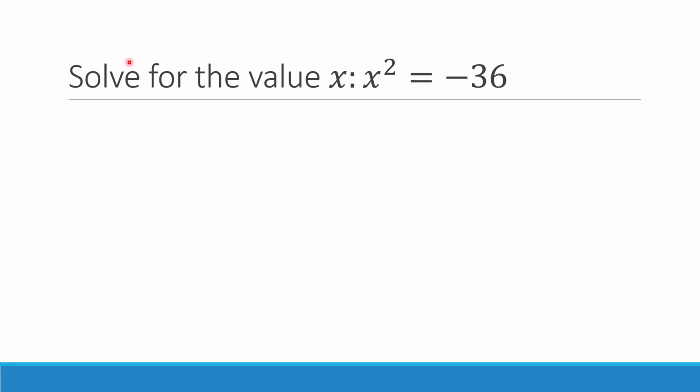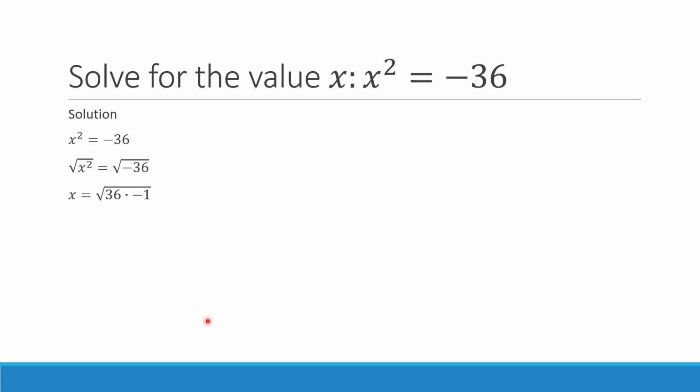Let's have another problem. Solve for x if x squared is equal to negative 36. Let's copy the original equation, x squared is equal to negative 36. Now, the other side has a negative. If there is a negative, it is still the same: x is equal to plus minus the square root of negative 36. However, let's process this one. We know that 36 times negative 1 is equal to negative 36. So we factor negative 1 on that.